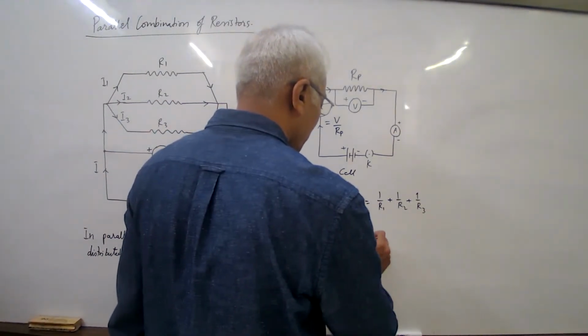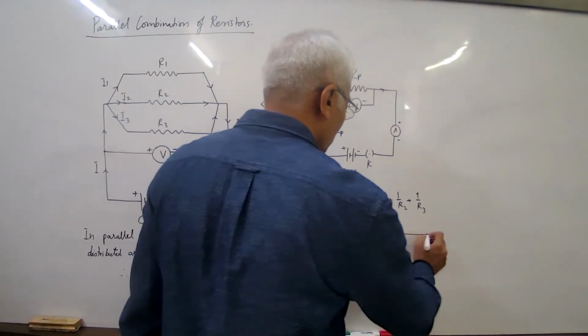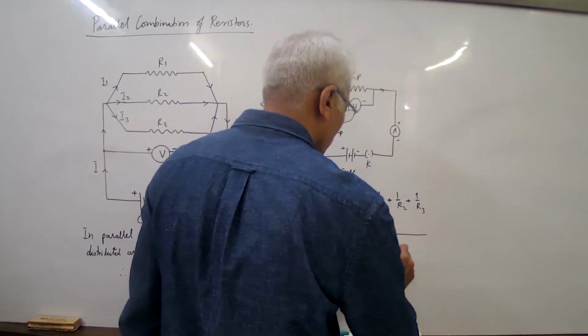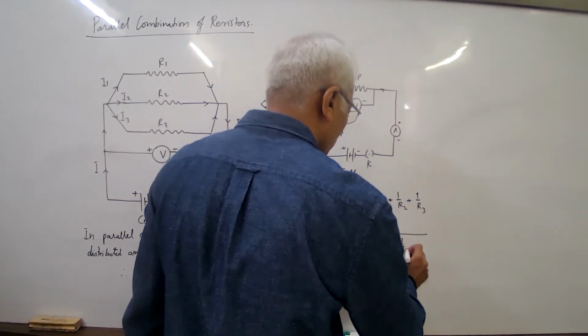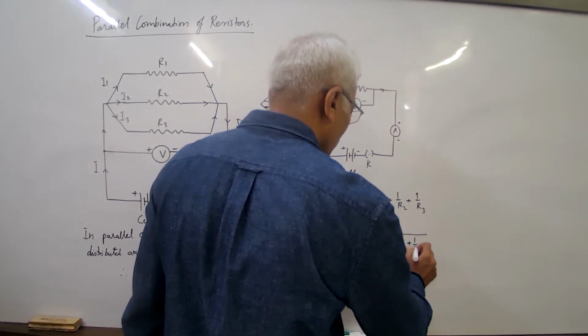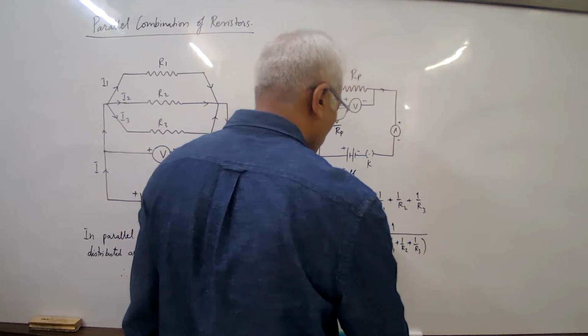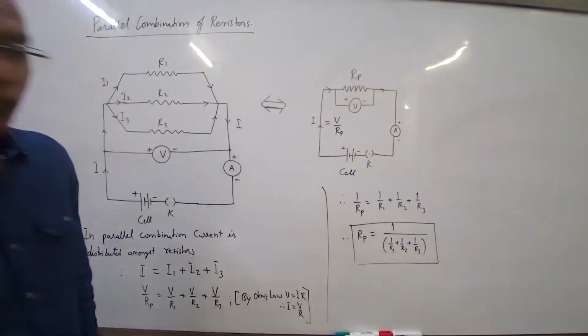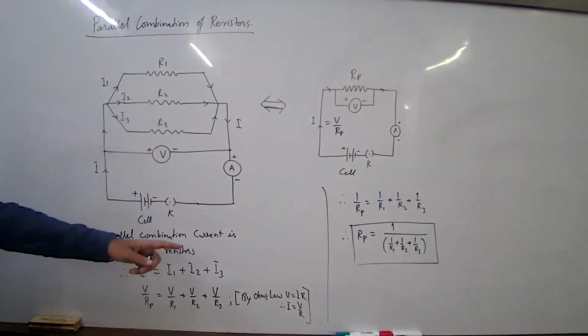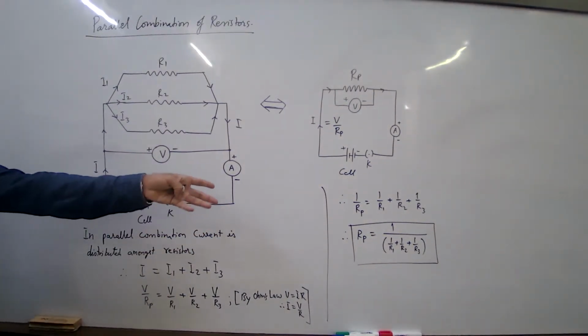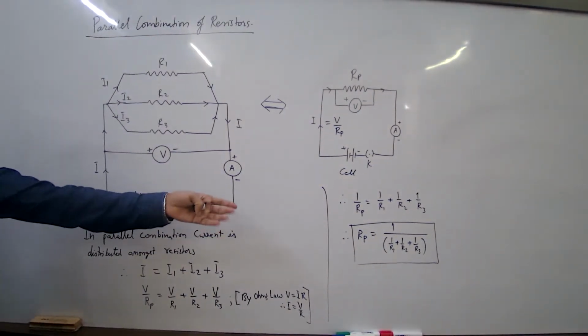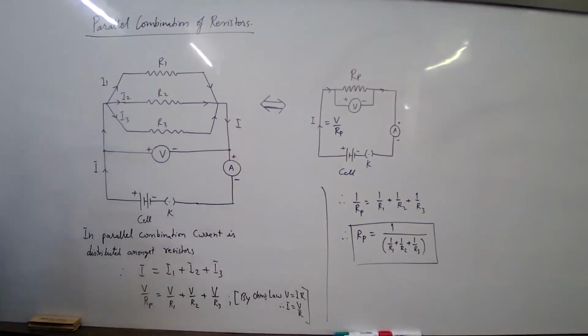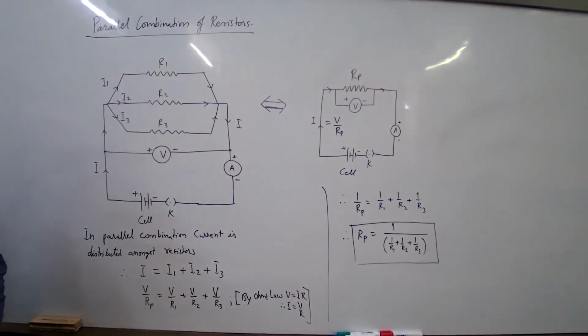Therefore, okay, this is the final formula. You take the reciprocal on both sides. So RP will be equal to 1 by (1 upon R1 plus 1 upon R2 plus 1 upon R3).